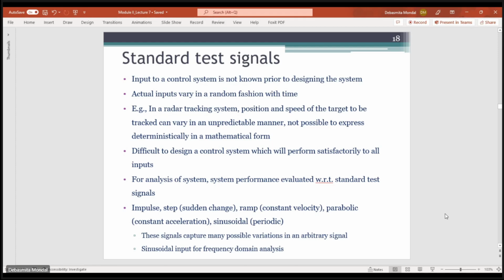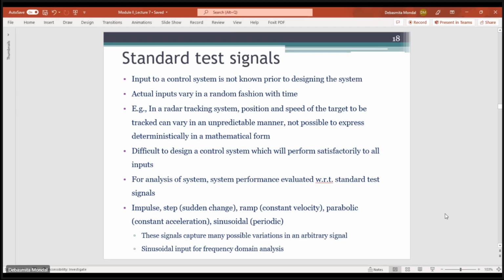For now we will be mostly concentrating on the impulse, step, ramp and parabolic, these four kinds of responses of a control system. Why do we choose step, impulse, ramp and parabolic and not anything else?